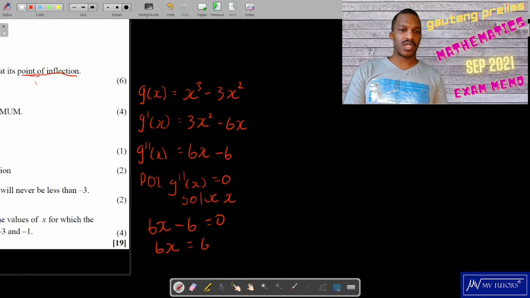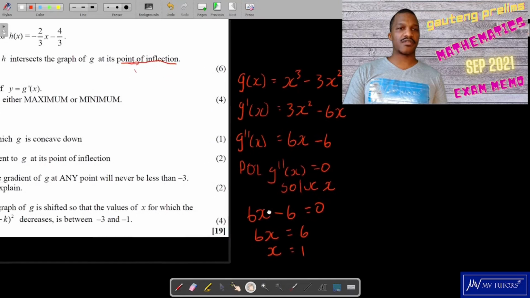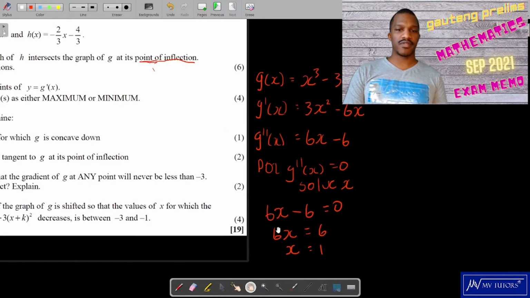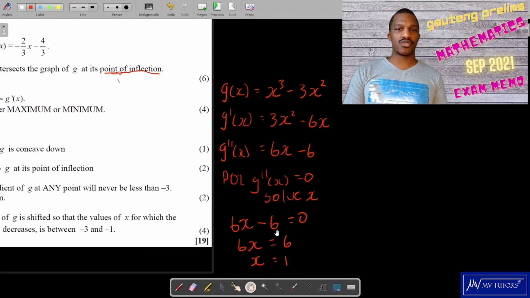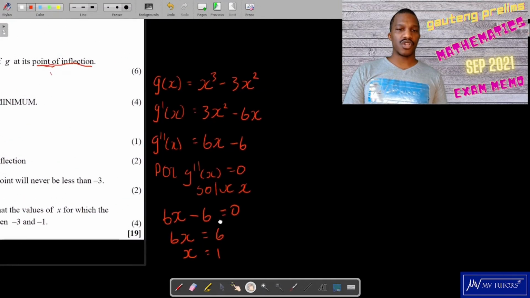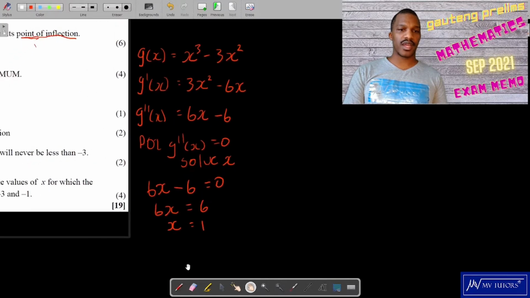Take the 6 to the other side, divide both sides by 6, so my x is 1. This just gives me the x value where the point of inflection is. I still need to substitute it back into the original equation so that I can solve for y.